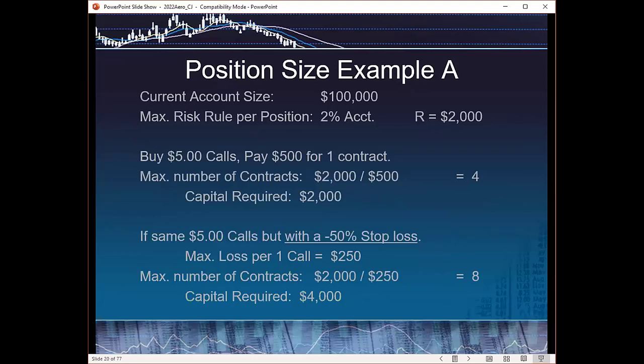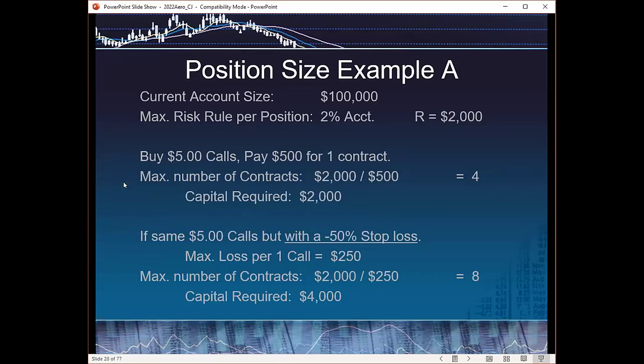Here's an example of how I implement this or have changed how I implement it. So if we have a hypothetical account size of $100,000, but you could use 5,000, 10,000, 50, whatever is appropriate. My maximum risk rule per position is 2%. So I don't want to risk more than 2% of that on any one trade. That means my R is $2,000 when my account is $100,000.